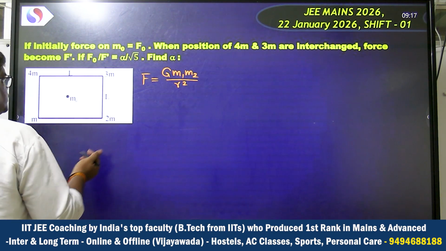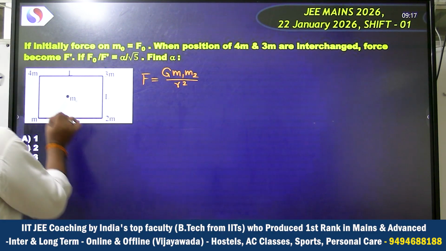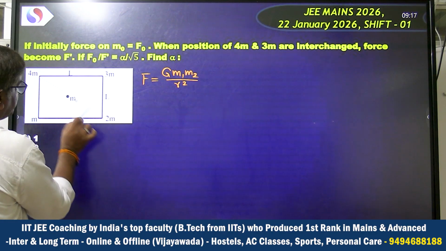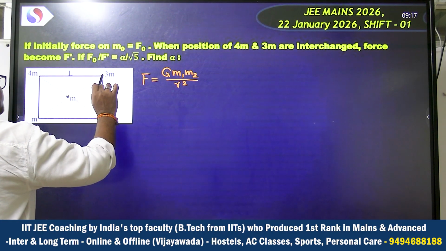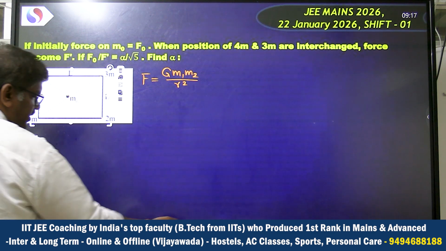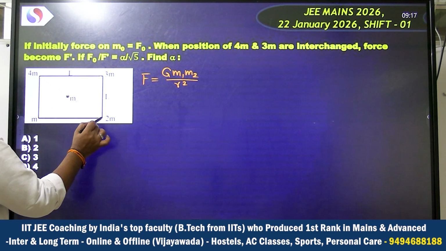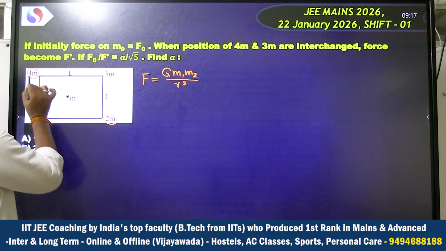I'm only checking the masses, and this is attractive in nature. So if you see again, they are opposite to each other. The masses which are at the vertex, at the corner, will be opposite to each other. That's why to consider the overall force because of them, I will take the overall mass of 4m and 2m.